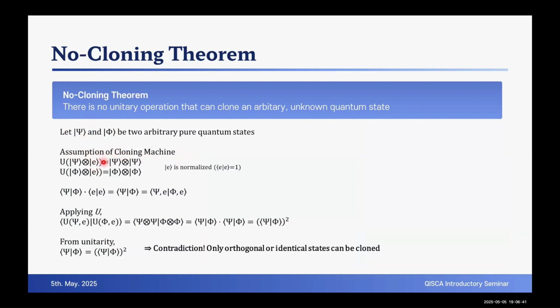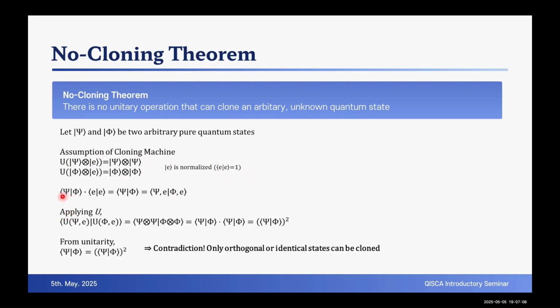Here, |e⟩ is the blank state that is supposed to be transformed into a copy of the input. So if we apply the unitary operator here, this |e⟩ should be changed into the input, which is |ψ⟩ here and |φ⟩ here. And just note that |e⟩ is normalized, so the inner product of itself is just 1.